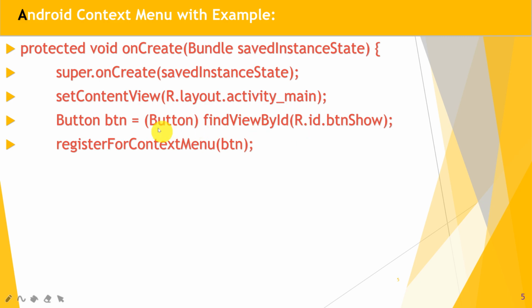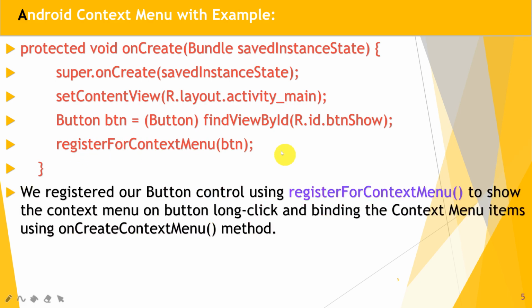Then this button we have to register for the context menu using the registerForContextMenu method and pass the argument as the button's reference or instance, also called an object. So we have to pass that reference to the registerForContextMenu method.